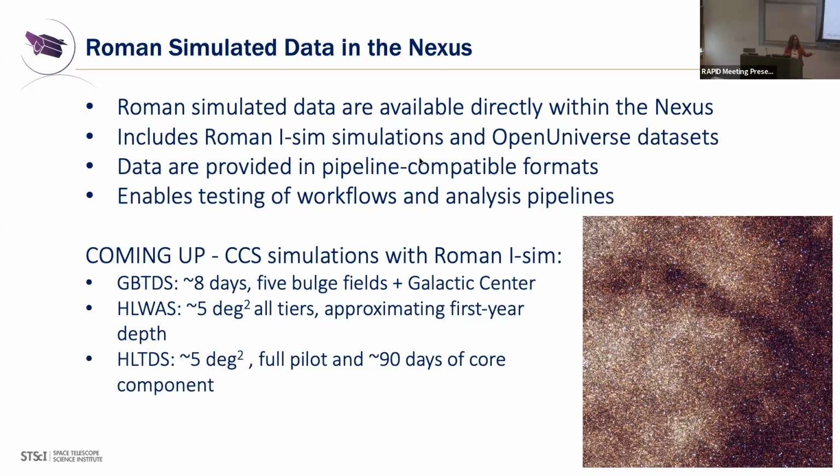For the galactic plane survey, we're simulating 5 square degrees for the full pilot and 90 days of the core component. So here, for example, you can see a simulated image of the bulge, just to give you an idea of how crowded it's actually going to be.